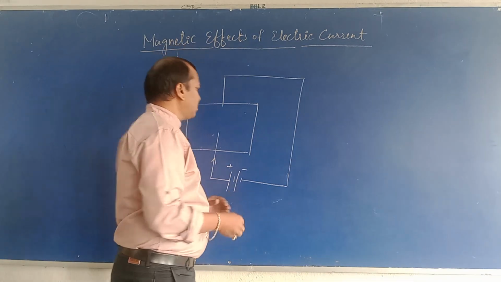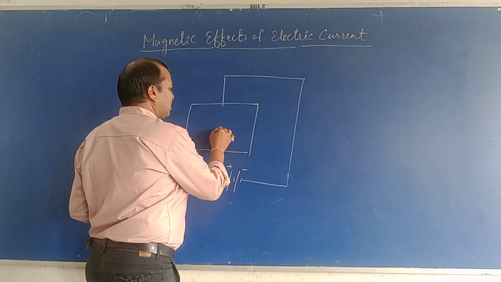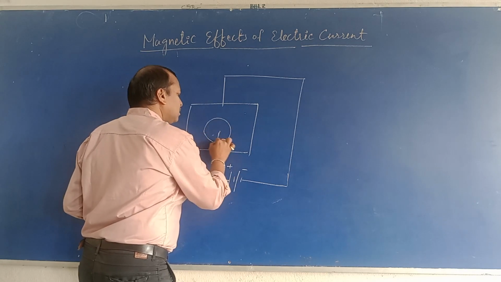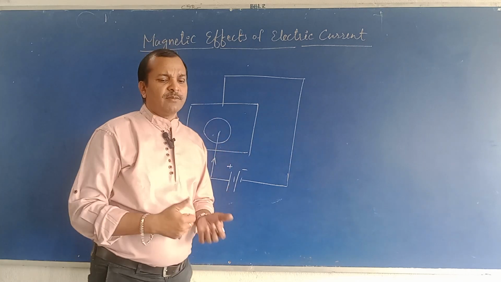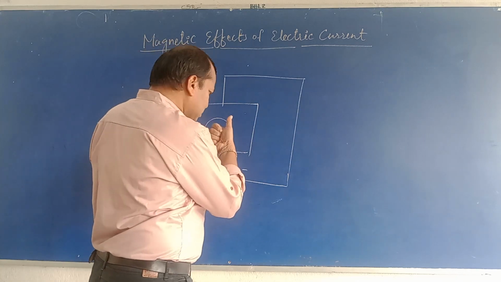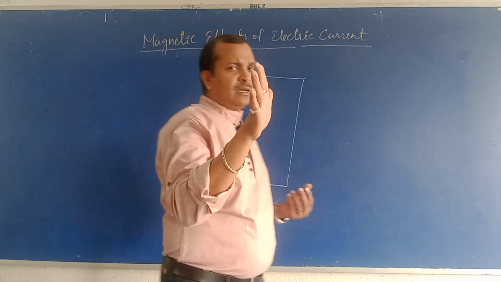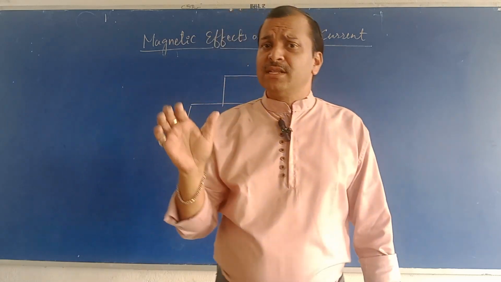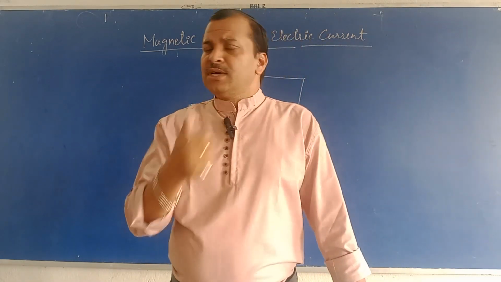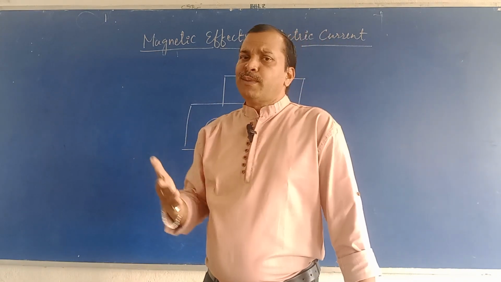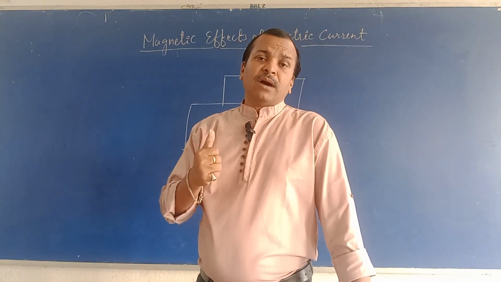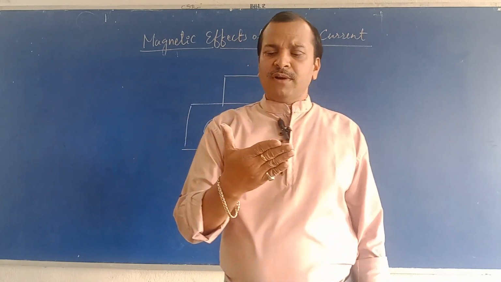When current passes, look here. This is Maxwell's right hand thumb rule, which will show us what will happen here, as well as in a circular loop. I will show you what will happen in a circular loop.